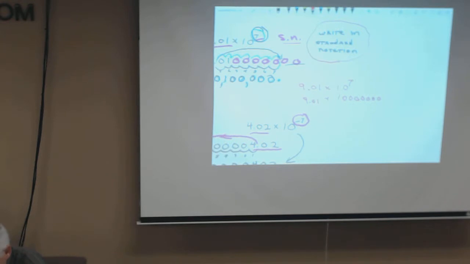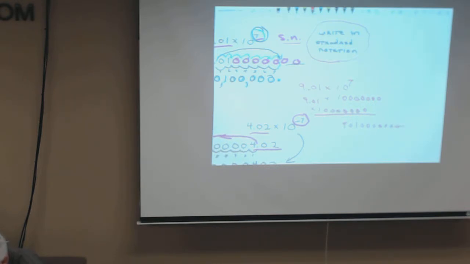well, see, this is that shortcut up there. If you took 9.01 times 1 with all those zeros after it. Multiply. You would get 901, then 1, 2, 3, 4, 5, 6, 7 zeros, and then you'd have 2 decimal places.